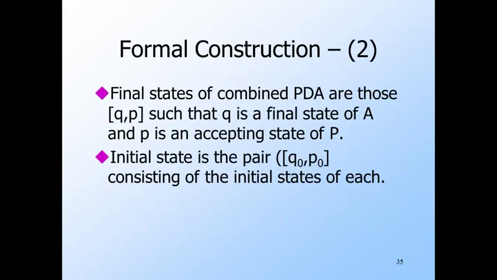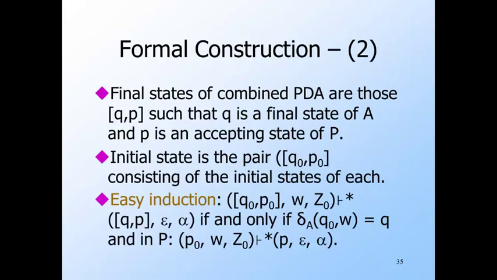We need to prove a pair of inductions on the number of moves made by each automaton. These inductions say that the new PDA started in its initial state with input W, this, consumes the input and enters an ID with state Q, P, and stack alpha, having consumed the input.